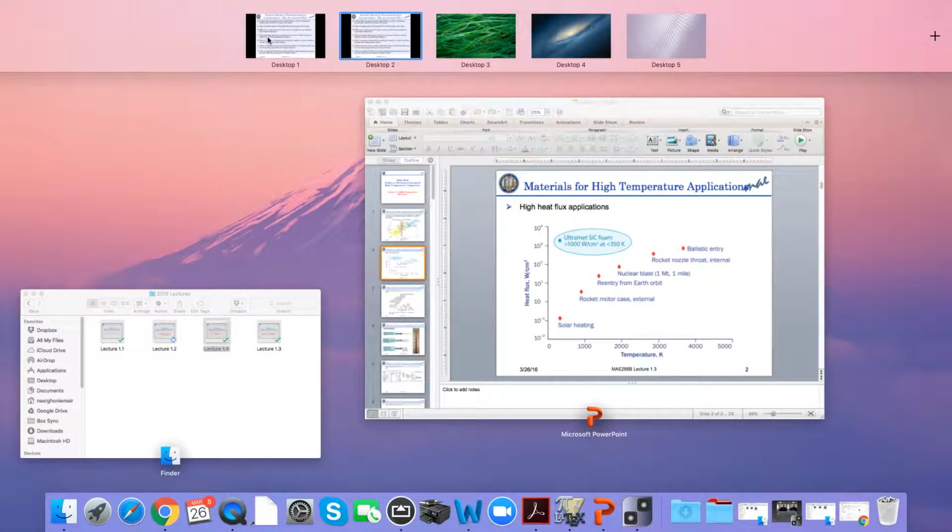Now, we talked about the nickel-based superalloys and the fact that they are used extensively as the key material for turbine engine components, especially the turbine blades for the stator and the rotor.